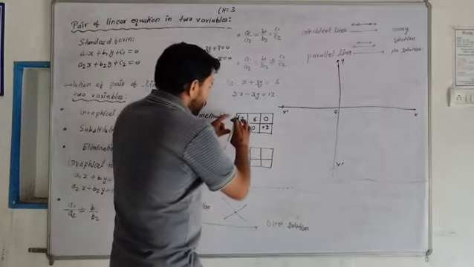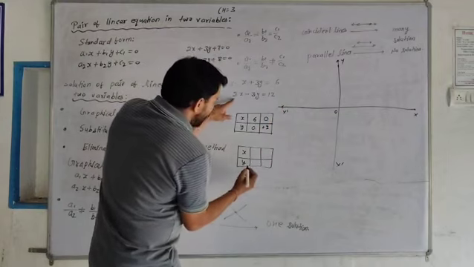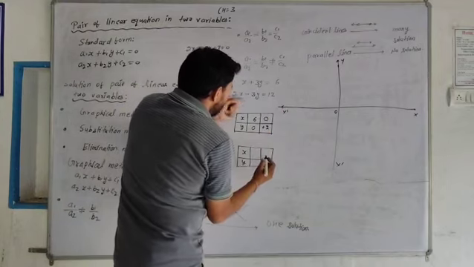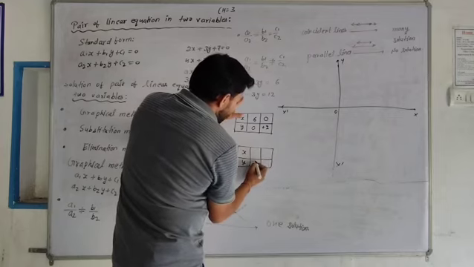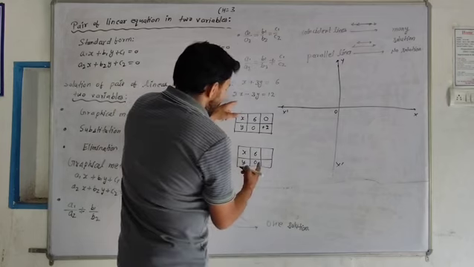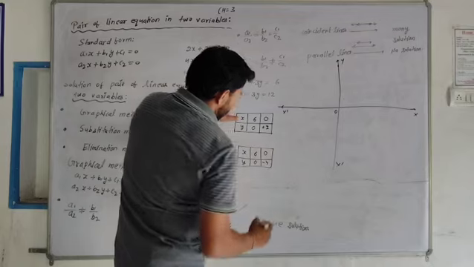Alright, this box value is obtained from this equation. Now solving the other equation, here we put y = 0, then x = 6. Then if x = 0, y = -4.